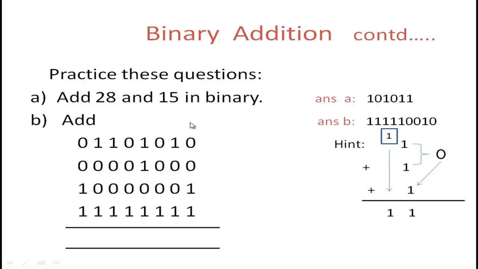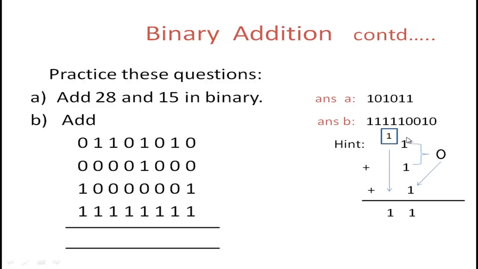Second part is that you have to add these four numbers, and for adding these four numbers there is a hint given here, that is you have to add 1, 1 and 1.